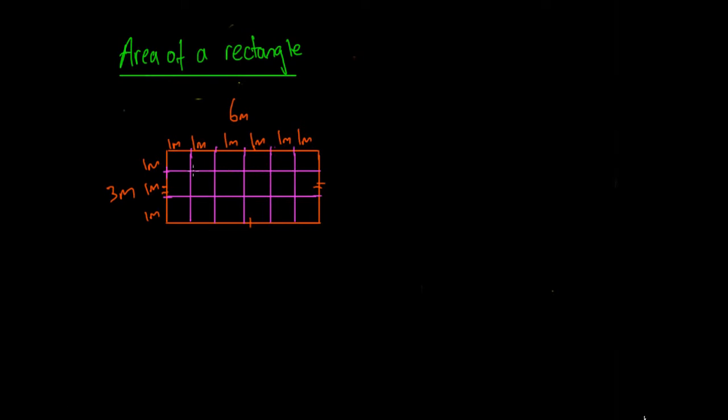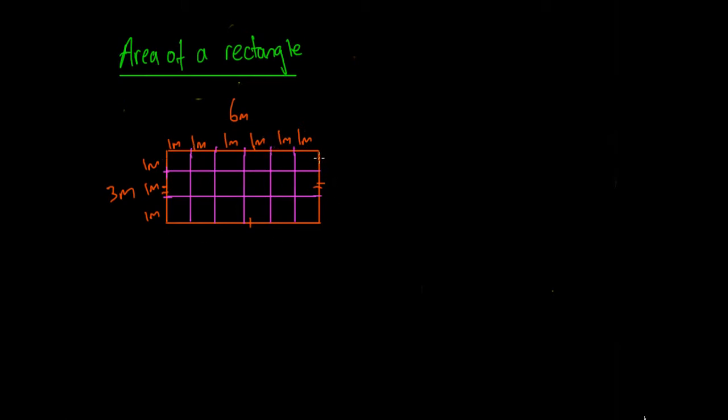And what you can see is if we separate this rectangle up into smaller pieces, there are little squares inside of this rectangle, each made up of 1 meter by 1 meter. So when we're looking at area, we're concerned with just the space that is covered by the shape.